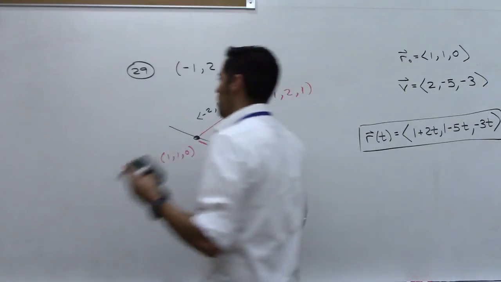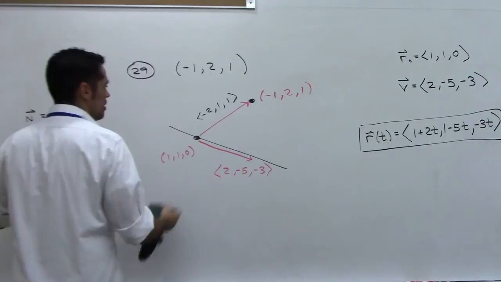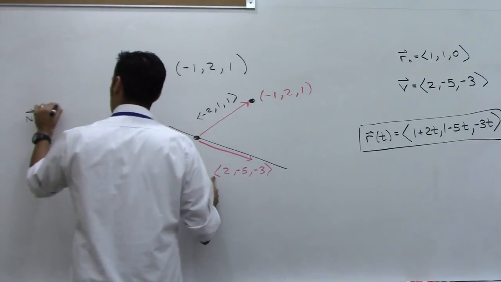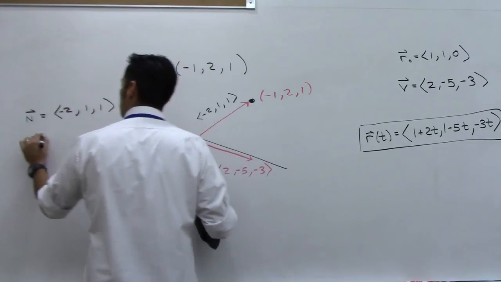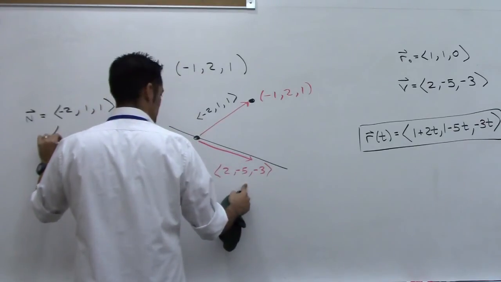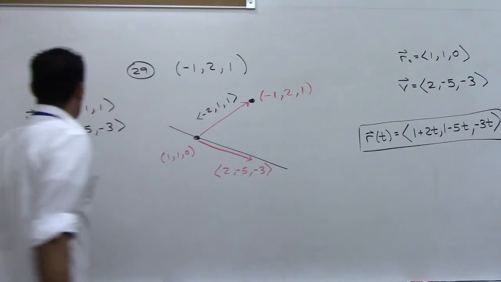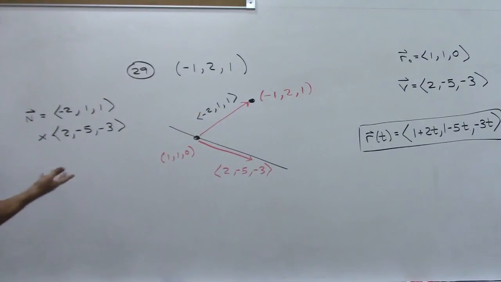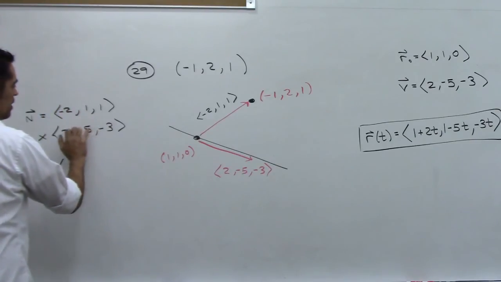So the normal of my plane that I'm looking for, right, is going to be this cross with this. So it's negative 2, 1, 1, crossed with this vector, 2, negative 5, negative 3, right? And then I'll need a point on the plane, which I already have, so I'm not even thinking about that. So when we cross these, my normal will be, okay, cover this up. So we've got negative 3, take away negative 5.